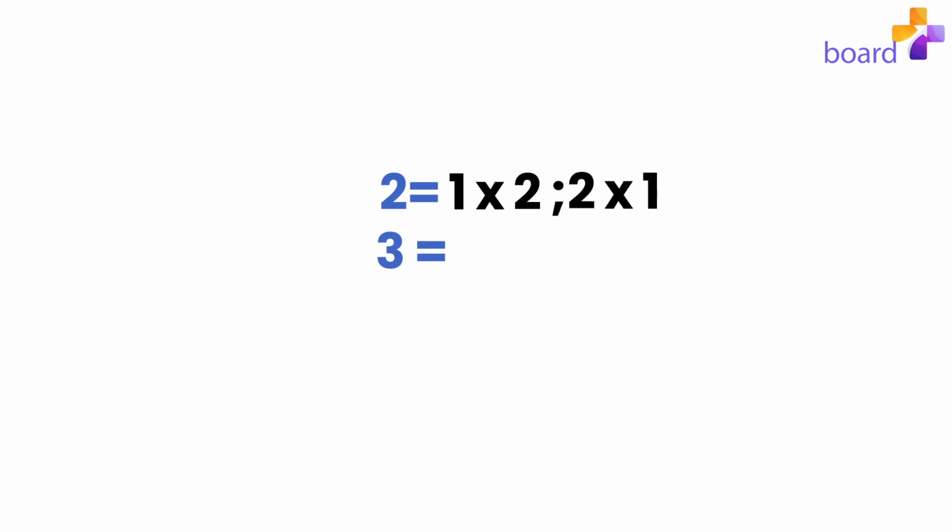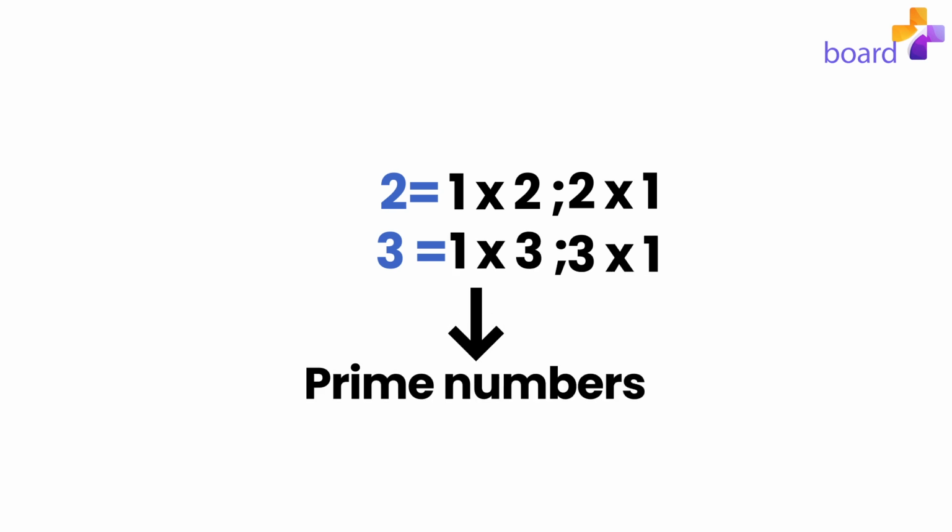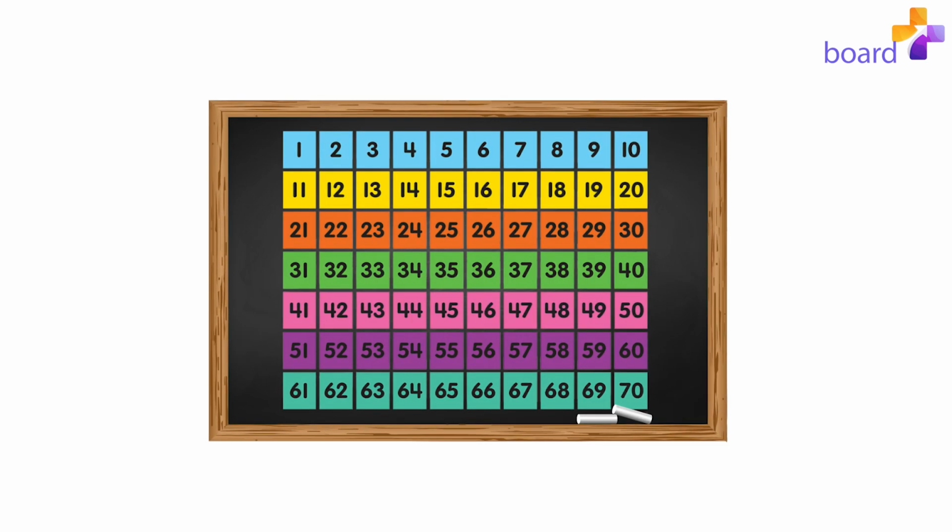What about 3? The positive divisors are 1 and 3. So these both are prime numbers. There are many more examples of prime numbers, like 3, 5, 7, 11 etc. Because the only positive divisors of these numbers are 1 and itself.